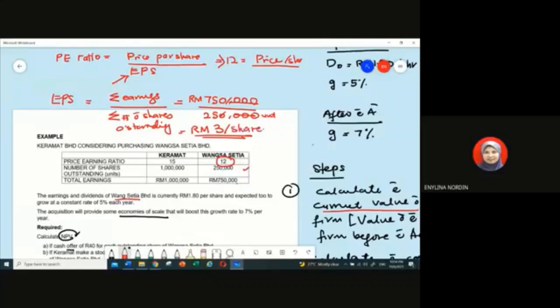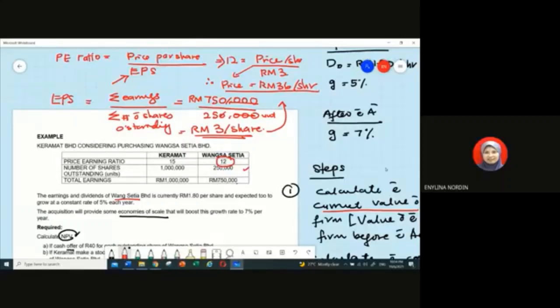So you substitute this into the equation, RM 3. Therefore, the price for Wangsa Setia's share is RM 36 per share. So that is the price per share for Wangsa Setia.